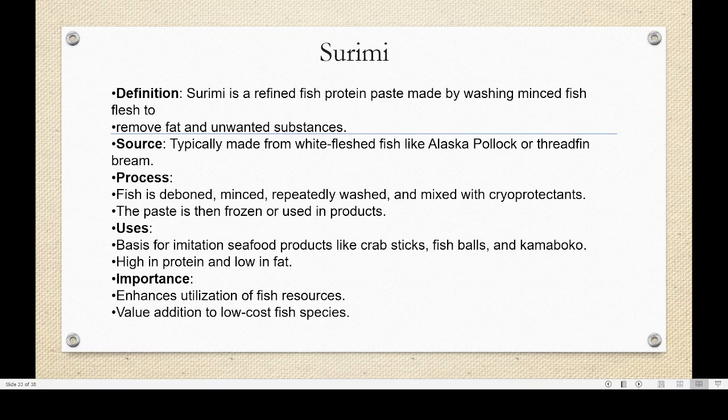So if you make it look like a crab leg, people will be demanding it more. So that is, every product when we market it, we have to use certain other skill. The product may not be very appealing or attractive. Here what they do is that they add some color and make it look like a crab leg. So people feel that this is a good product. So that is the nature of surumi fish processing.